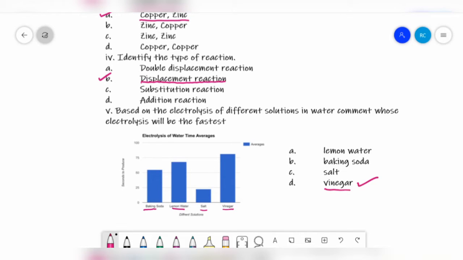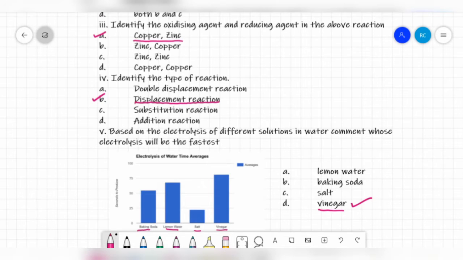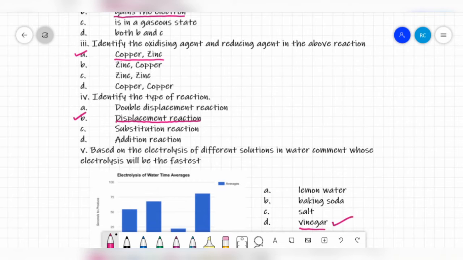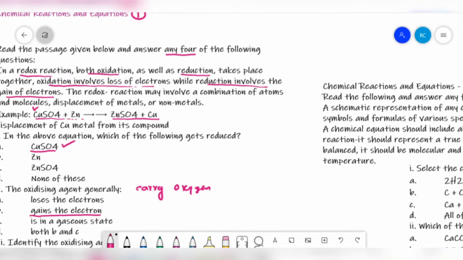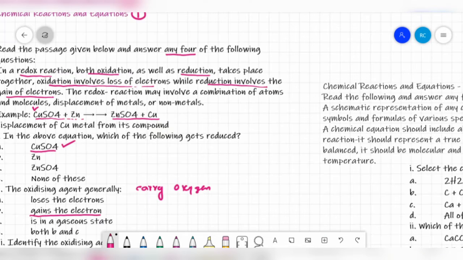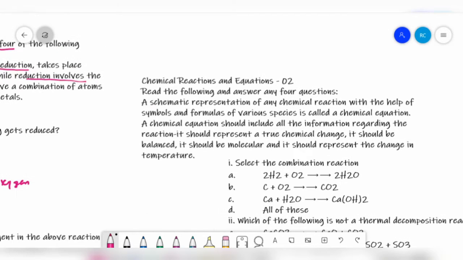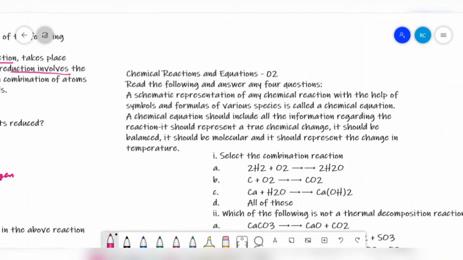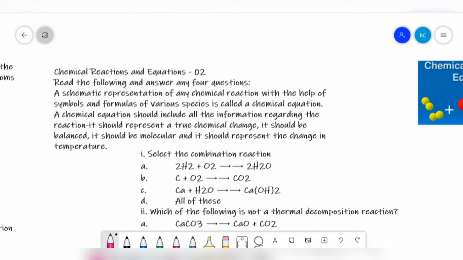So this is the first set of case study questions. Now we'll move on to the second set. For the second set, again I have taken from the same lesson, chemical reactions and equations.